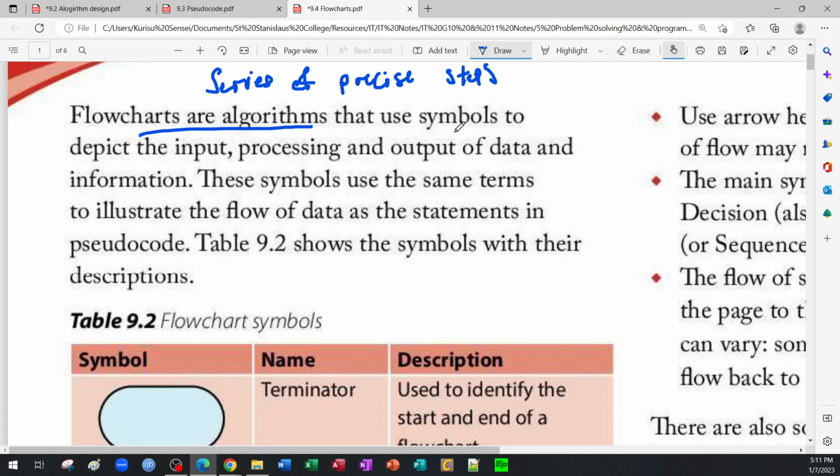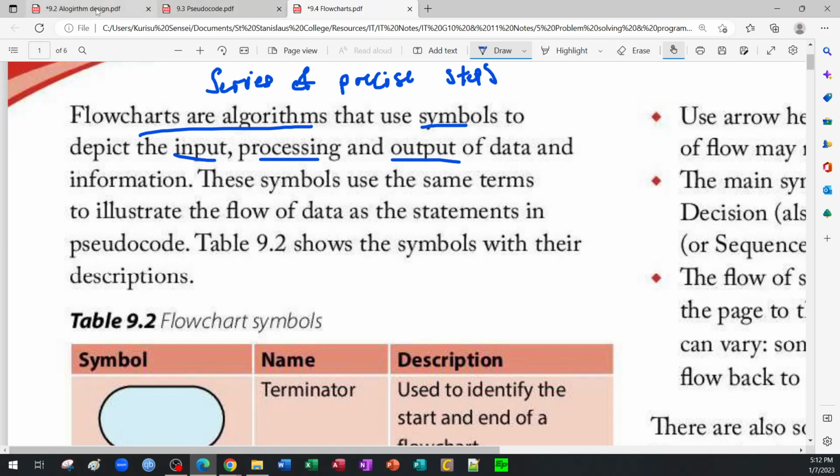Now, that uses symbols to depict the input, the processing, and output of data and information. So these symbols use the same terms to illustrate the flow of data as the statements in pseudocode.